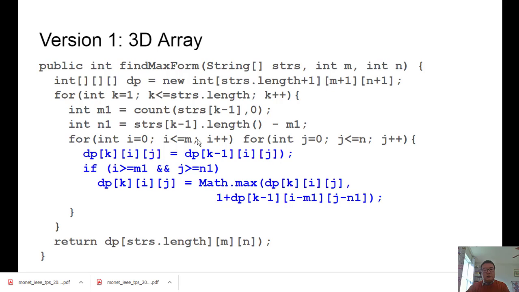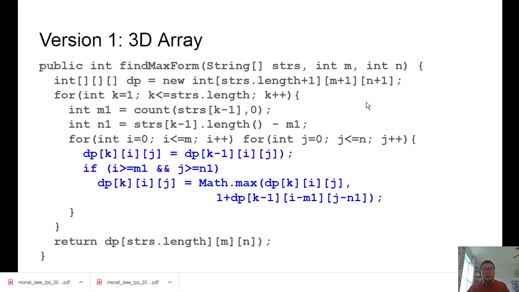Then we have a two-way loop over all i, j, and we first set dp[k][i][j] equal to dp[k-1][i][j], and then when i and j are big enough, we take the max. So that solves this.